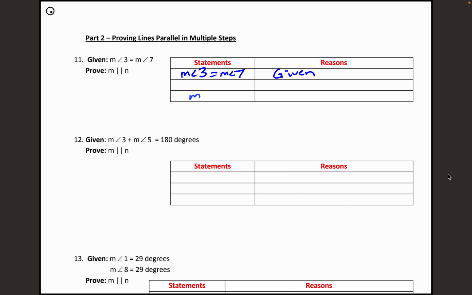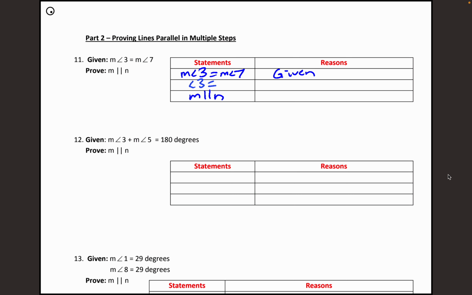Eventually I have to prove that M is parallel to N. Now, these two angles are equal. I have to say that they're congruent. So since they're equal, I can now say that they're congruent.